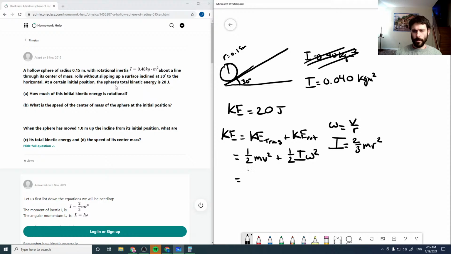So we can write this as 1/2 mv squared plus 1/2 2/3 mr squared times v over r squared. And I'm actually just going to rewrite this as Ke trans, just so that I can put this into some kind of fraction here.